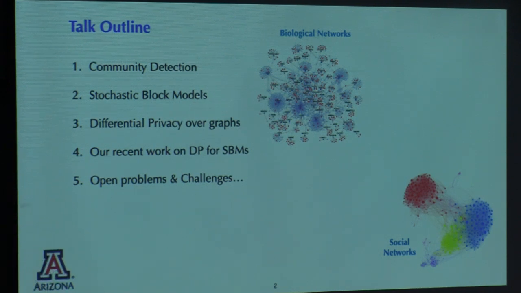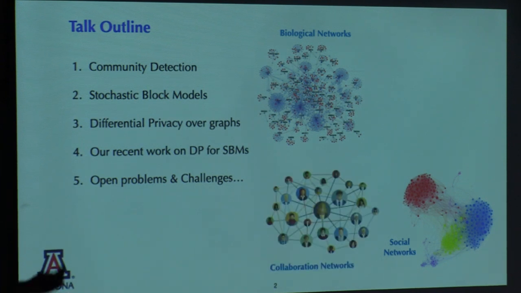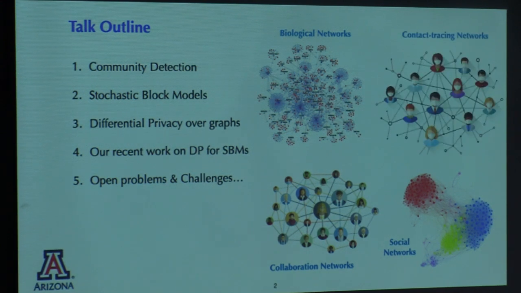People study how information propagates over social networks, how groups form, and so on. And then there are, of course, collaboration networks, researchers and faculty members and who collaborates with whom. And then contact tracing networks, these are networks to study.